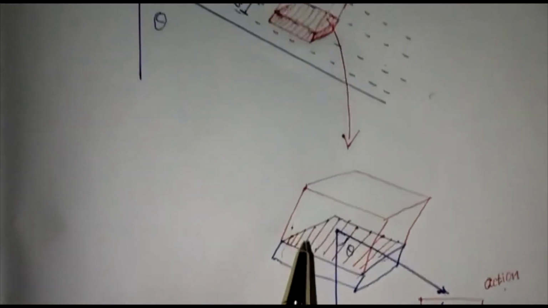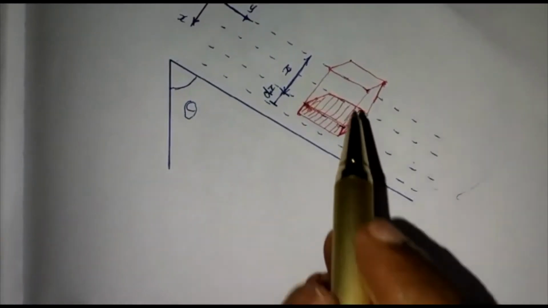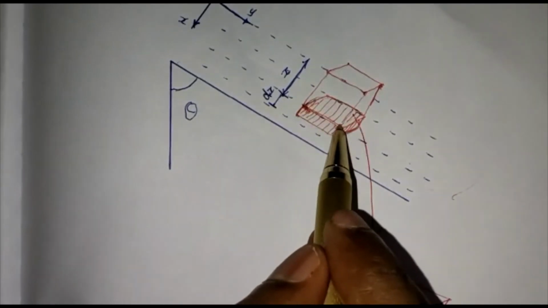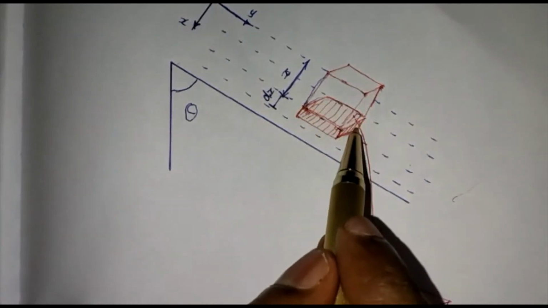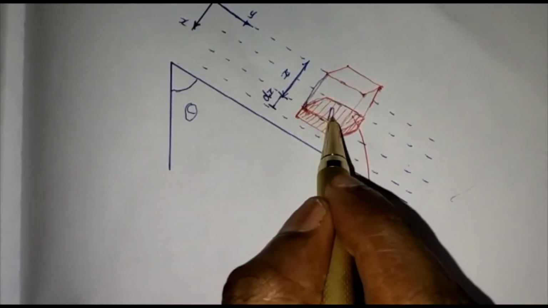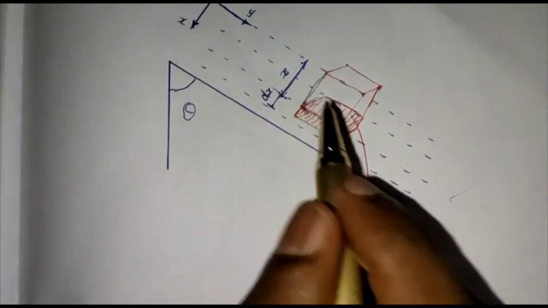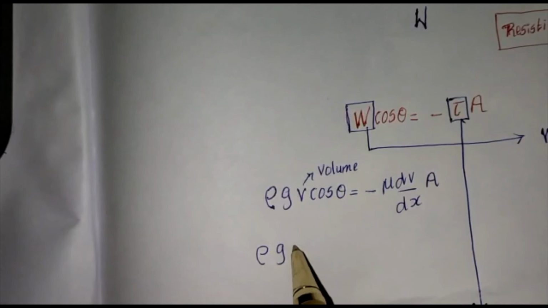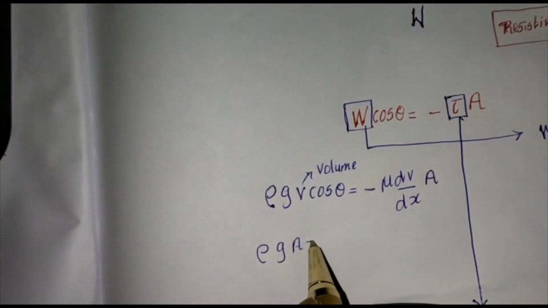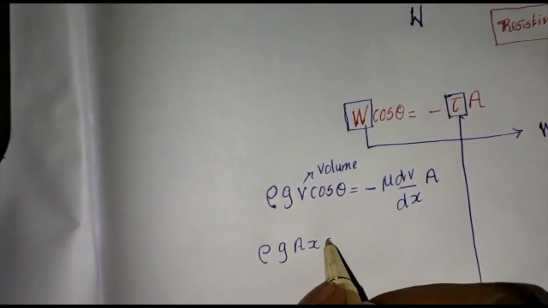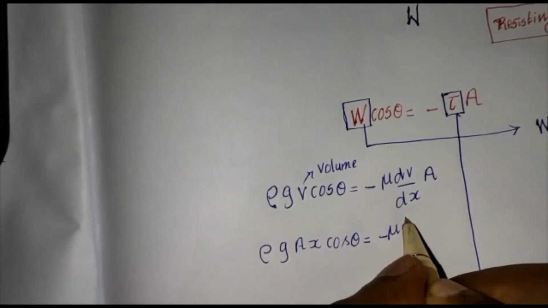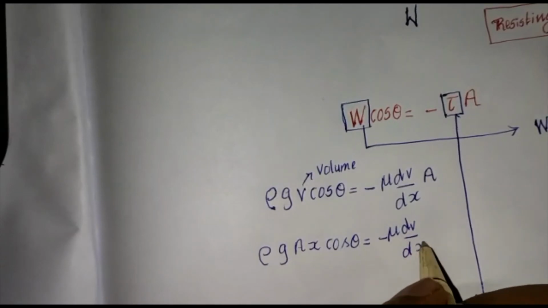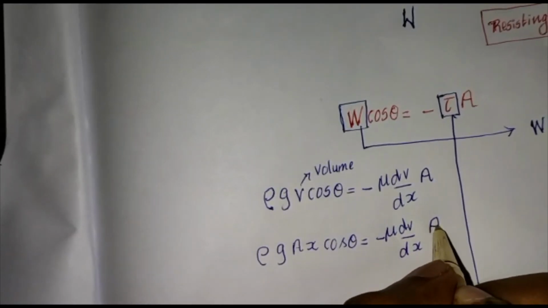And what is the volume of this particular chunk of liquid? It is this area into this height. This shaded area is A into x. So volume is area into x. So rho g A x cos theta is equal to minus of mu into dv by dx into area.